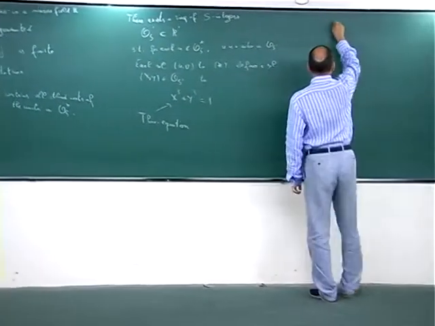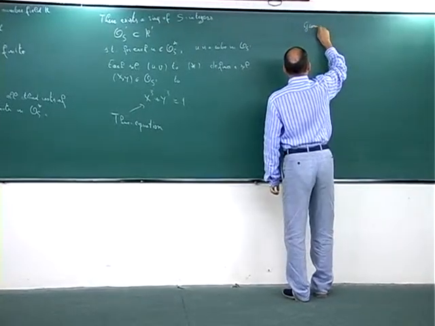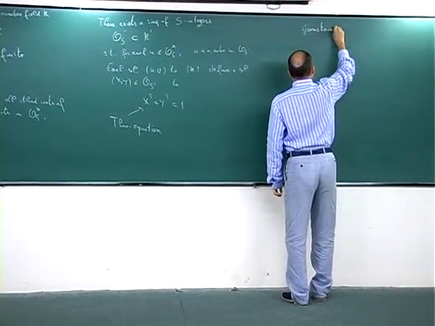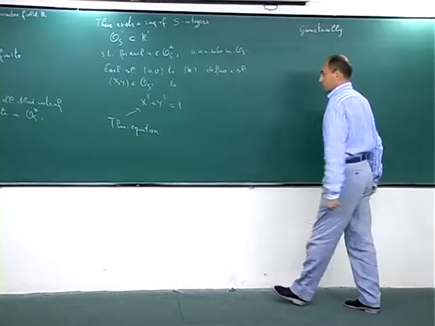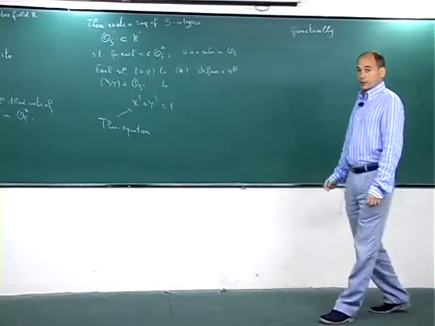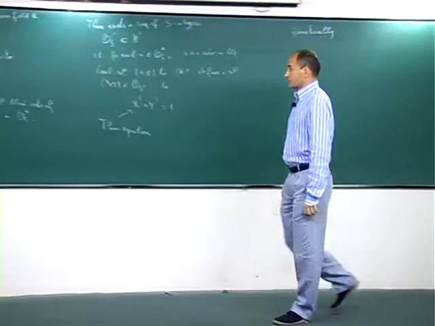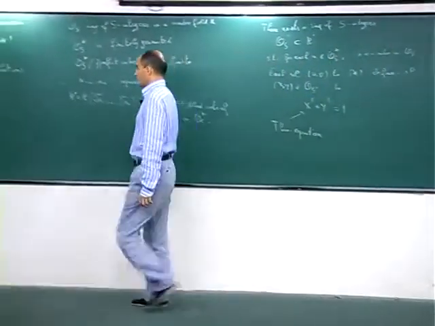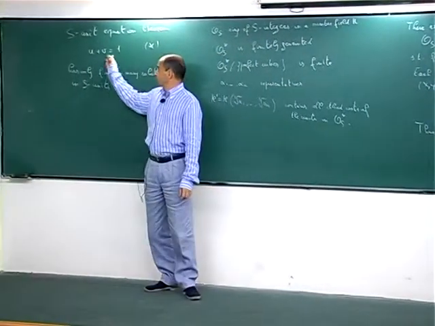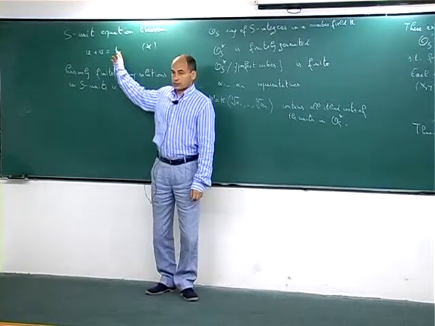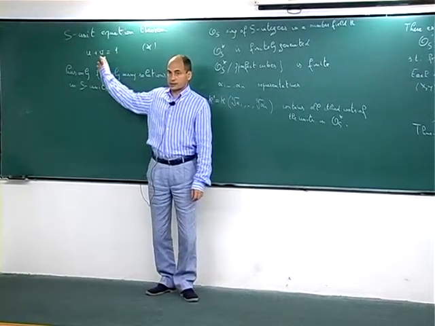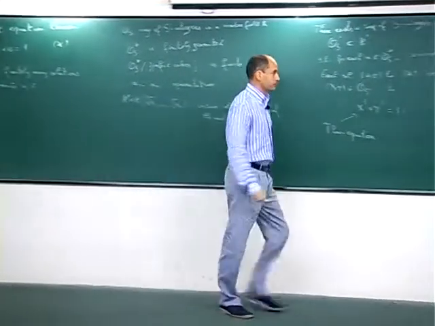The geometrical interpretation is the following. The first equation defines a line in the plane, but I prefer to view this line as a line in G_m squared.